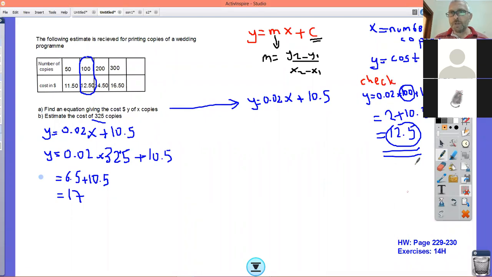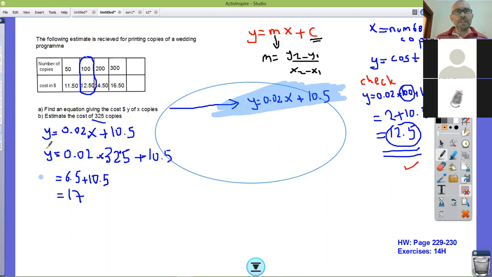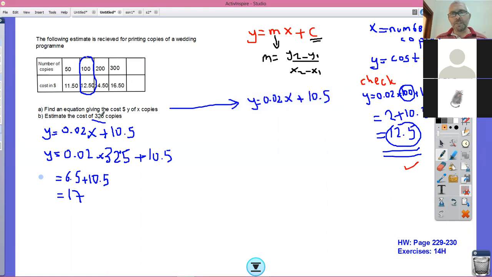After that, I went to part B, estimate the cost of 325 copies. Now I know the formula, so I am replacing x there and finding the cost for 325 copies. Any question? No.